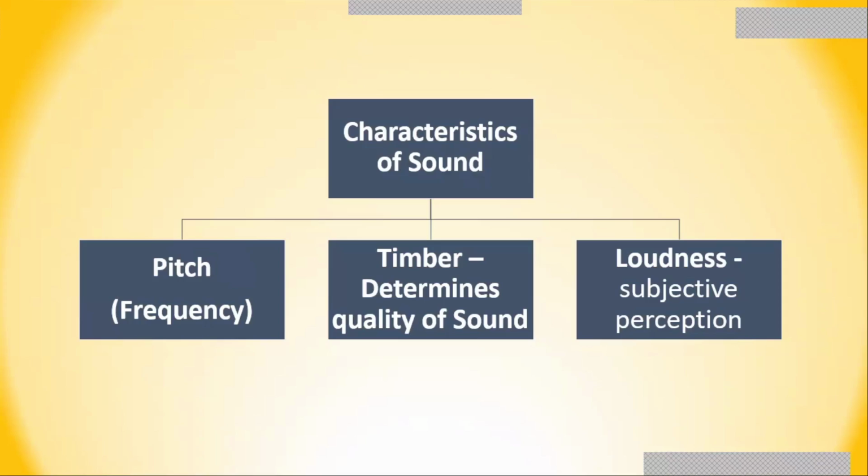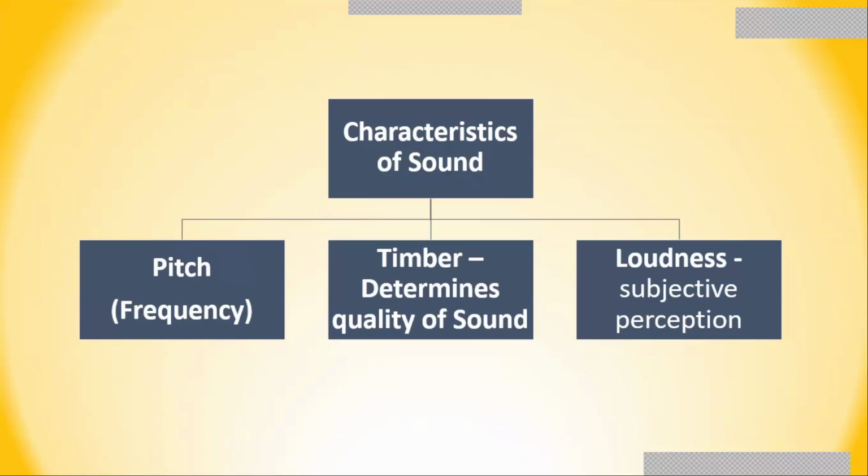Then after, timbre. Timbre gives the quality of the sound waves that are produced. See, sometimes what happens, if a song is sung with the same frequency, matlab with the same pitch, with the same loudness, the note is also same, but the timbre may vary. It gives the quality.